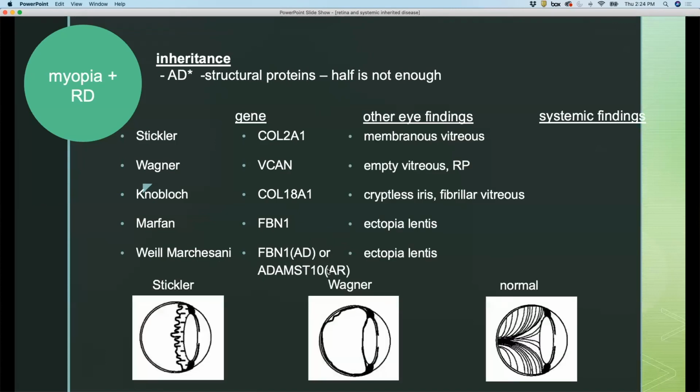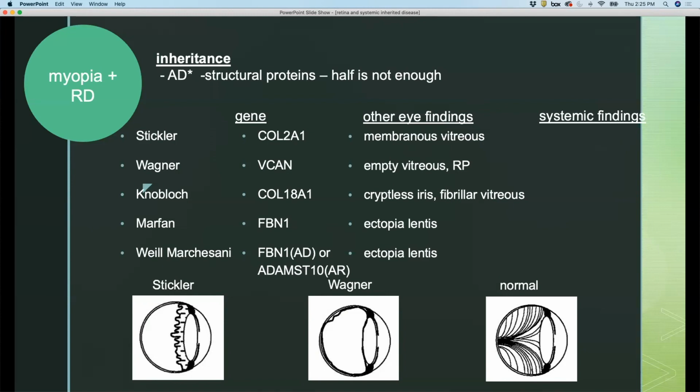So we talked about the optically empty vitreous, which is sometimes used to refer to Stickler syndrome and sometimes to Wagner syndrome, although the appearance of the vitreous is different in both. In Stickler syndrome, you can see vitreous right behind the lens with big fibers in it.